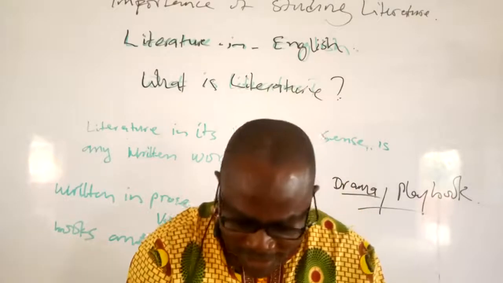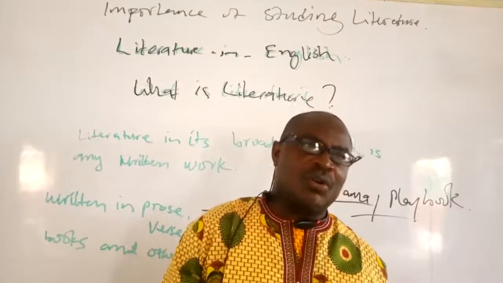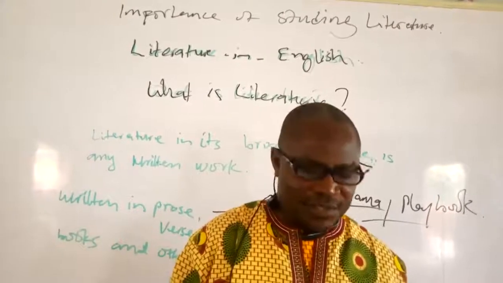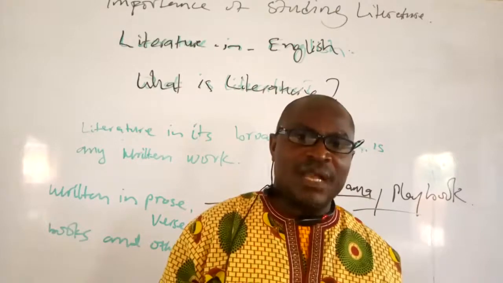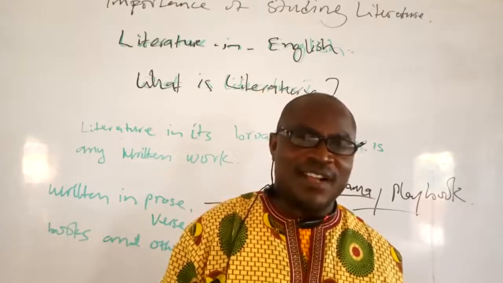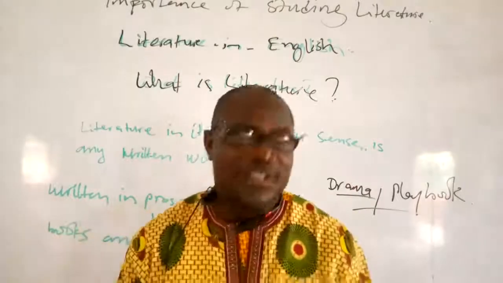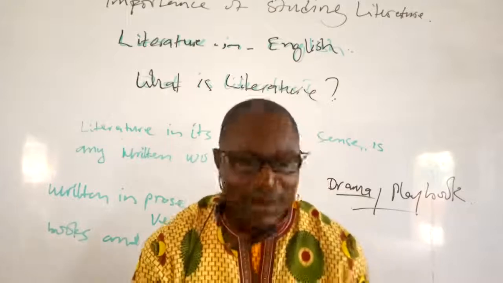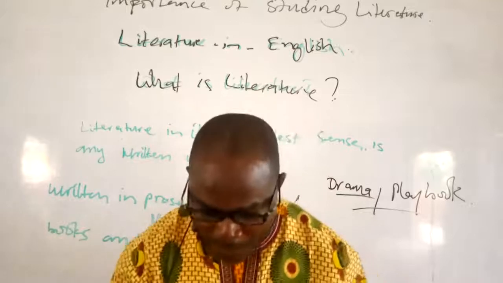That particular book tells us more about the culture of Igbo people in the eastern part of the country. We read about people like Okonkwo and Ikemefuna. That story of Ikemefuna, very, very interesting, very, very appealing. And all that the book is talking about is the culture of Igbo people. So that is number one, that literature helps us to know more about people and their culture.